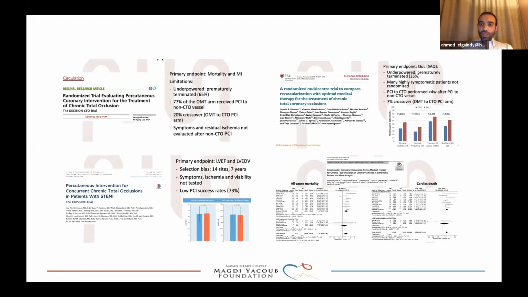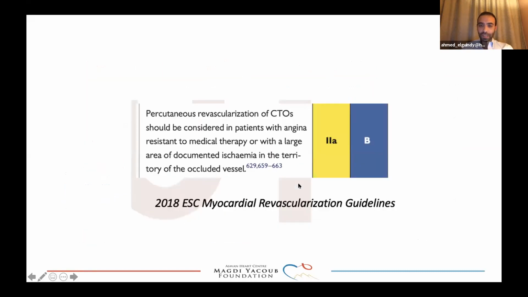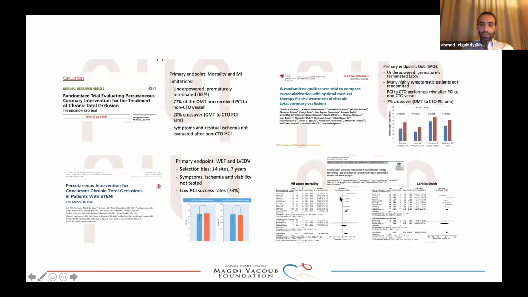And with Euro-CTO, acknowledging the underpowering, we did manage to see a significant difference in terms of quality of life in favor of those undergoing CTO PCI. However, if you look at different meta-analyses, you see almost 40,000 patients from different non-randomized studies, as well as those 4 randomized studies.